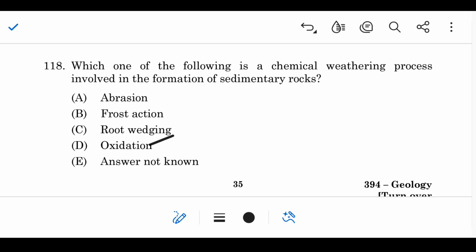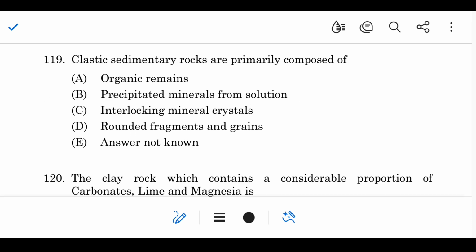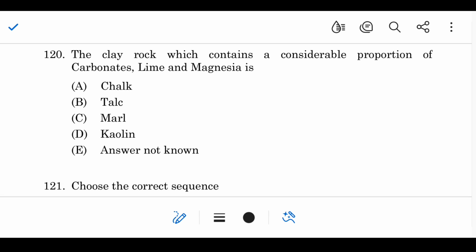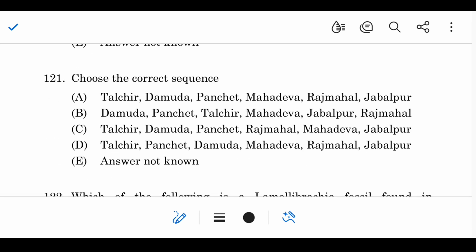It is oxidation. Clastic sedimentary rocks are primarily composed of rounded fragments and grains. The clay rock which contains a considerable proportion of carbonate, lime and magnesia is marl. Option C is the correct answer. 121st question.